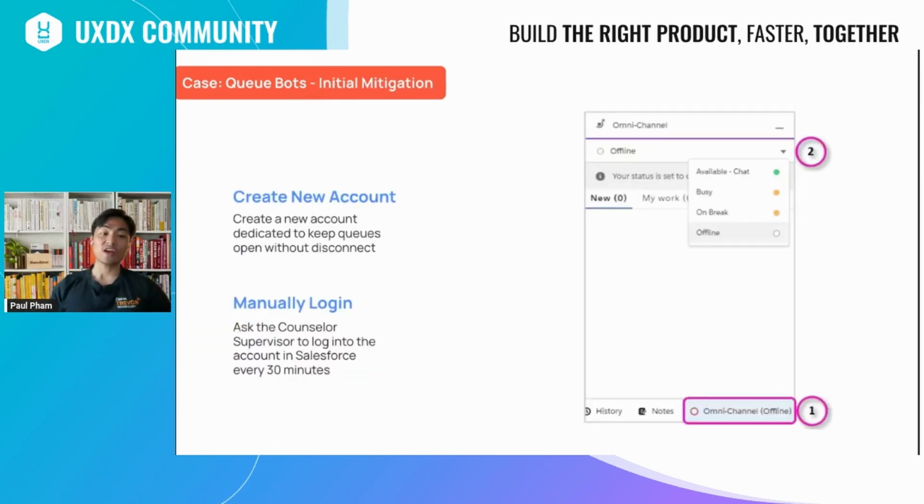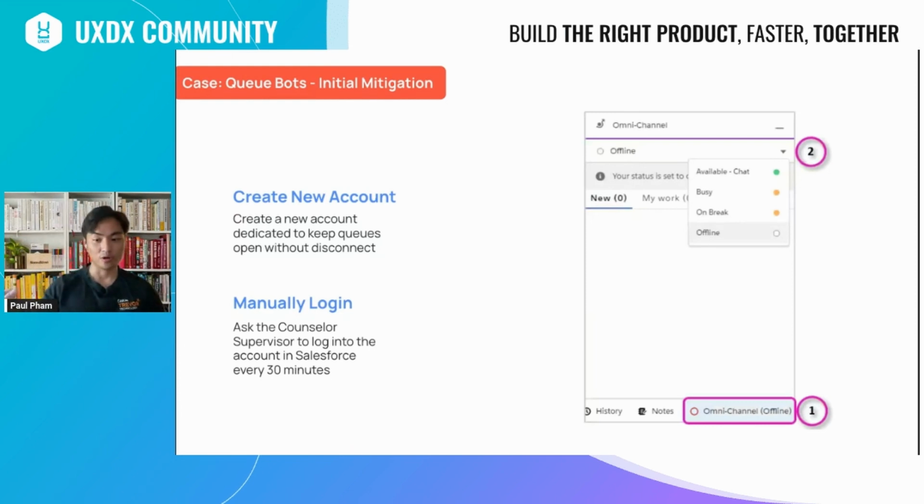One of the mitigation strategies that we implemented was, maybe what we can do is simulate someone being online all the time to make sure that our queues are never closed. So what we did was create a new account to make sure the queues are open so that people aren't disconnected, and then ask the counselors and supervisors who were on their shift to log into the specific user every 30 minutes to simulate that user being always online.